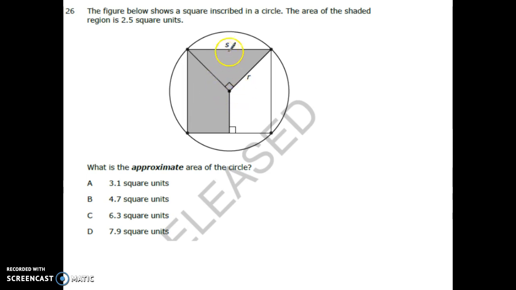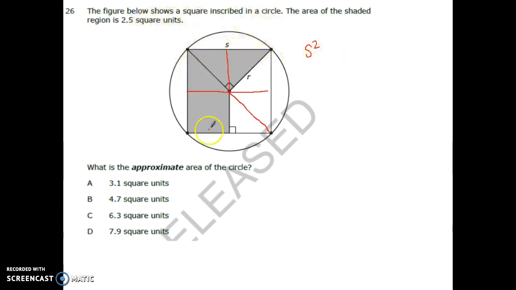So what I did, I tried to break up this square into pieces. So I broke the square up into 2, 4, 6, 8. And so I know that the area for a square is side squared. So I know that 5/8 of the side squared gives me 2.5.